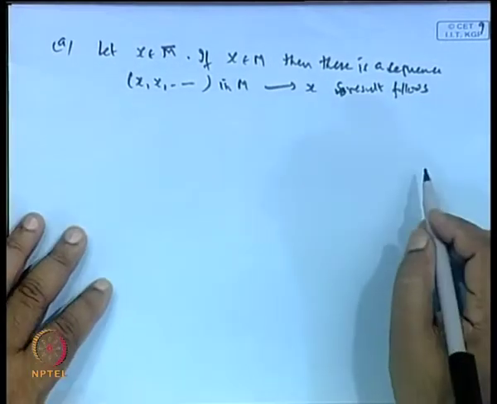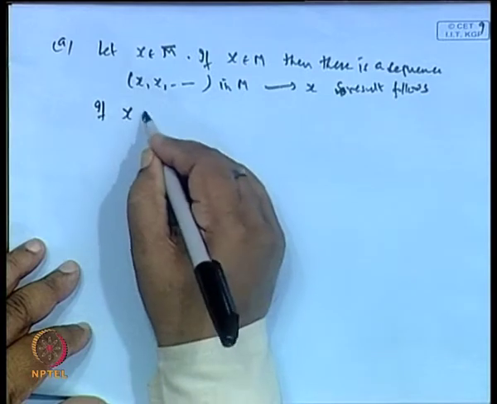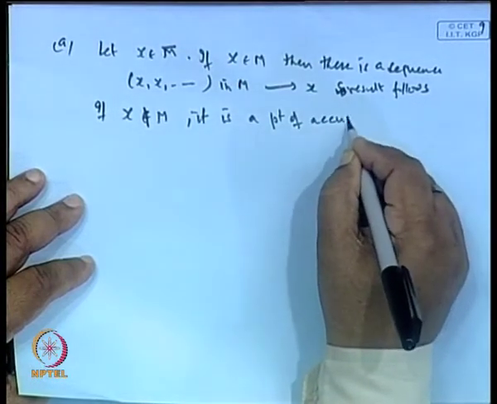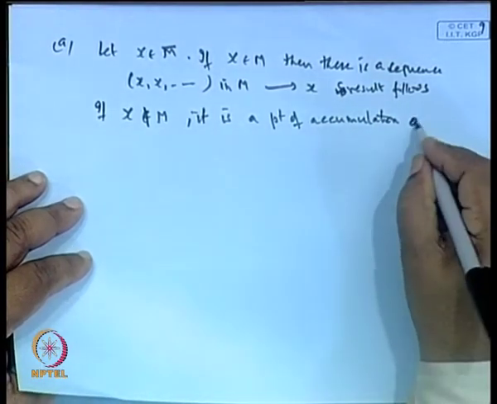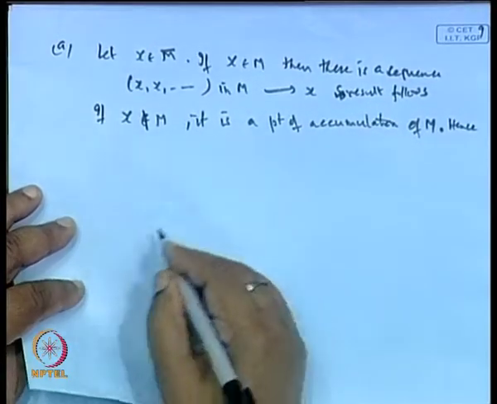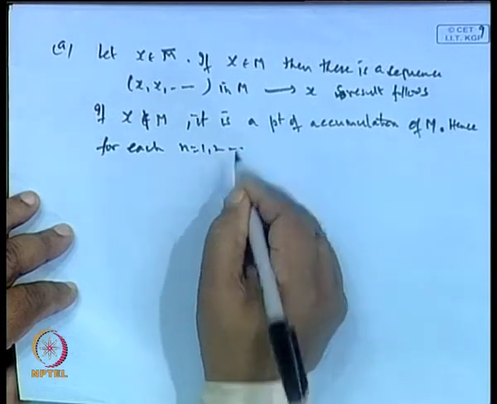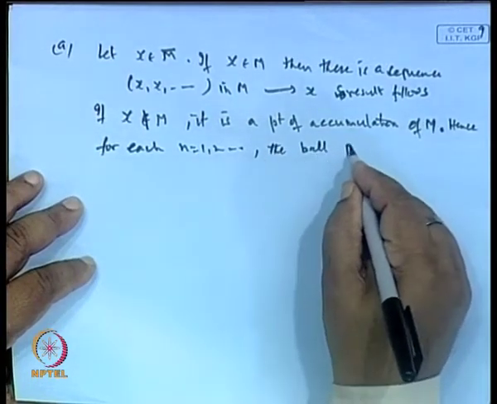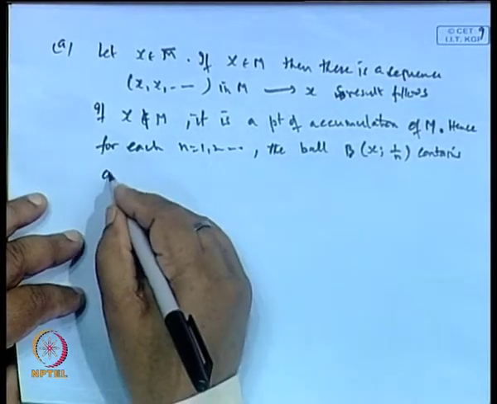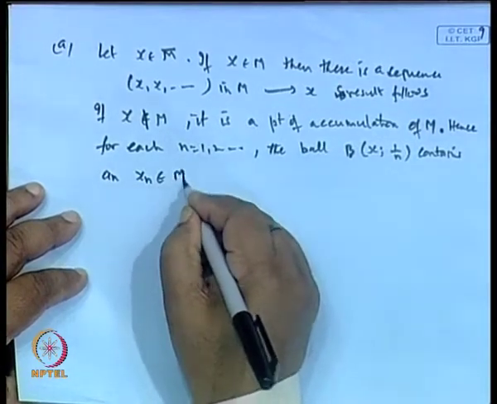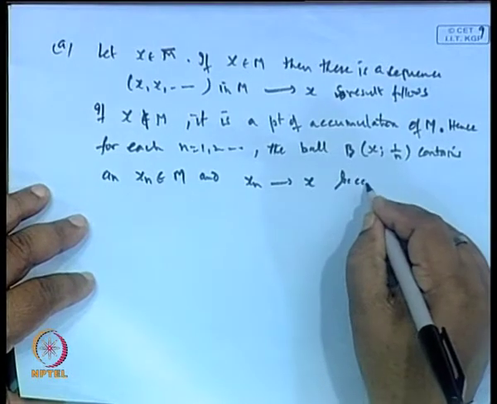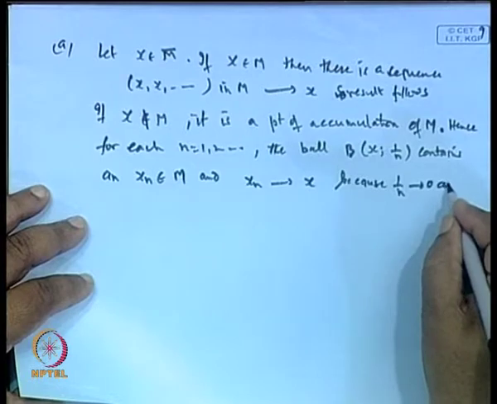So, this follows. Now, if x is not in M, then it will be a limit point. Then it is a point of accumulation of M. So, if it is a point of accumulation, then for each n, say 1, 2, 3 and so on, the ball centered at x with radius say 1 by n contains an x n belonging to M, and this sequence x n will go to x because 1 by n is tending to 0 as n tends to infinity.